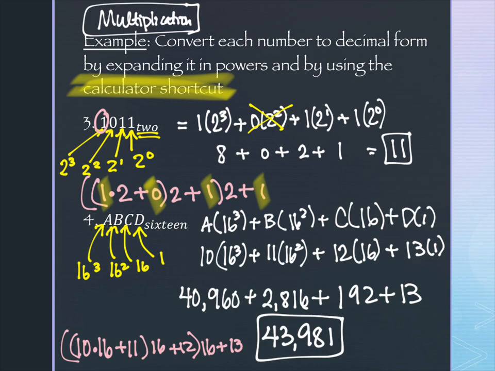So I'd like you to take at least one of those, either 3 or 4, I don't care. Pick one, and test it and see that it really worked and gave you either 11 or 43,981. You got the first one, you got 11, good.